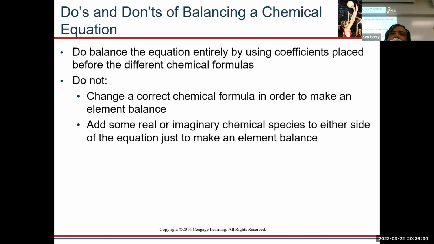So you're not just going to add water to this side and then water to the other side just to try to make it add up to what it needs to, right? You don't want to do that, okay? You want to actually put what's in the reaction. The other thing is that we never want to change the chemical formulas once we have them correct, to try to make things add up.